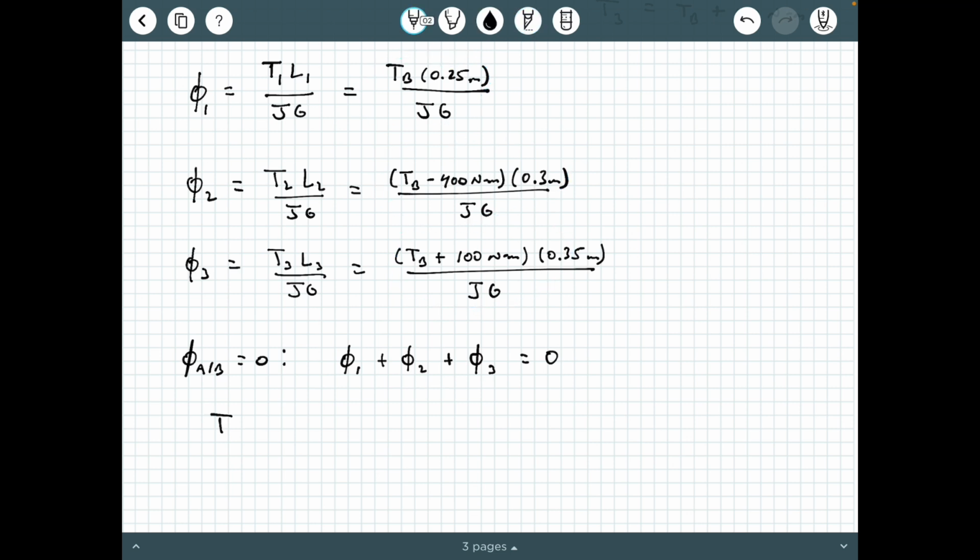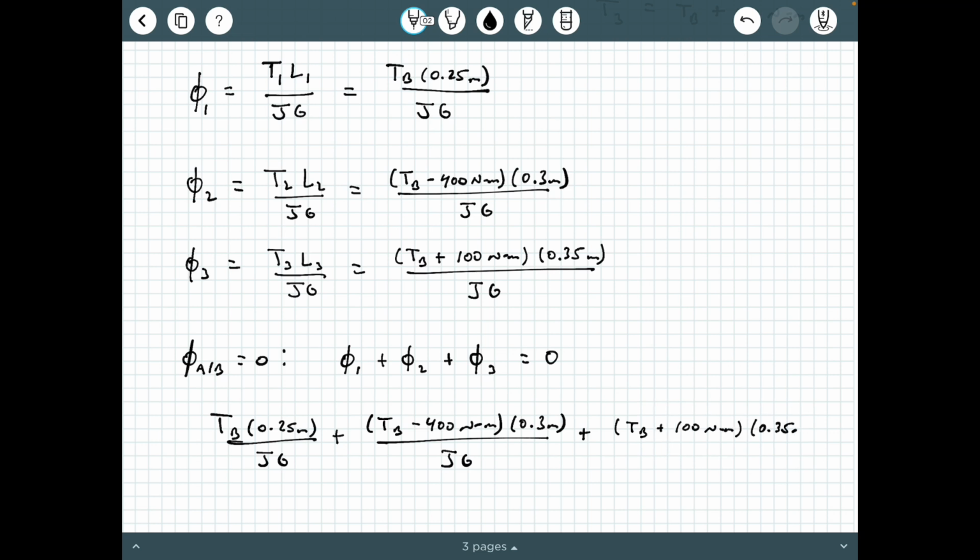So we're going to say TB times 0.25 meters over JG plus TB minus 400 Newton meters times 0.3 meters over JG plus TB plus 100 Newton meters times 0.35 meters over JG equals 0, okay?